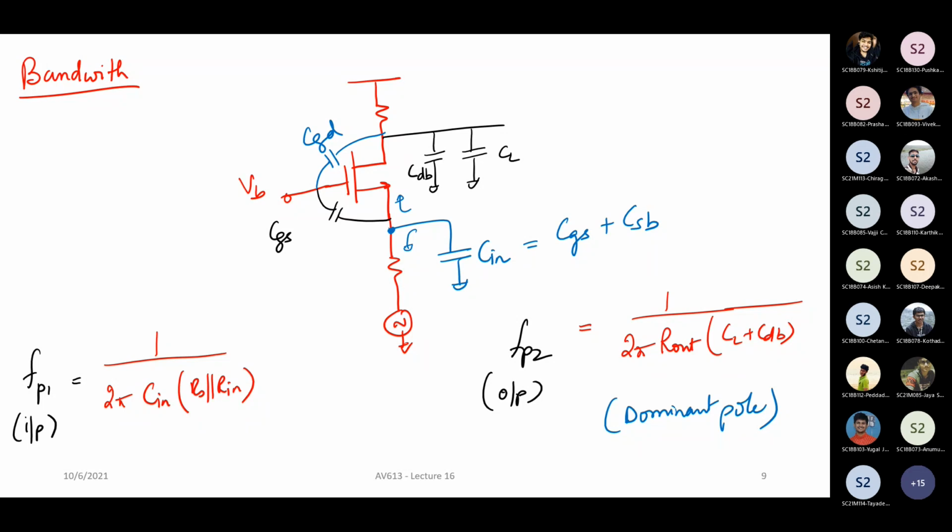The gate is actually grounded, AC wise. Which means Miller approximation will not come, because there is no notion of gain between the gate and the drain. In other words, you will have the CGD added here, because it is between this node and ground.